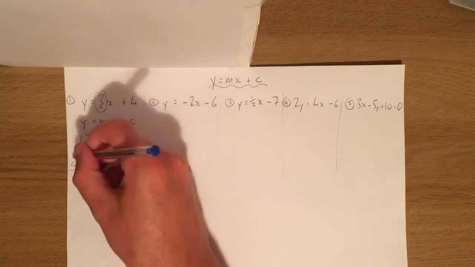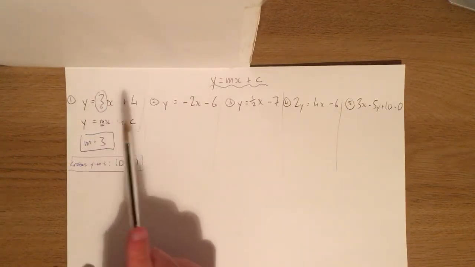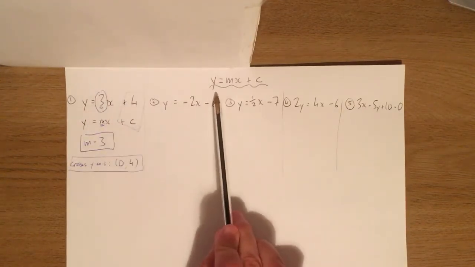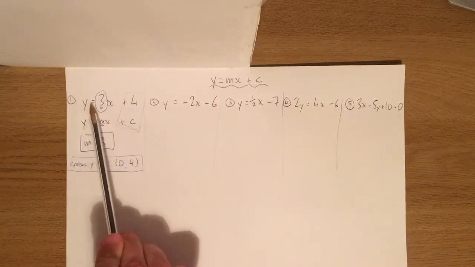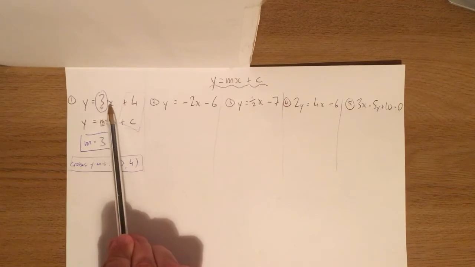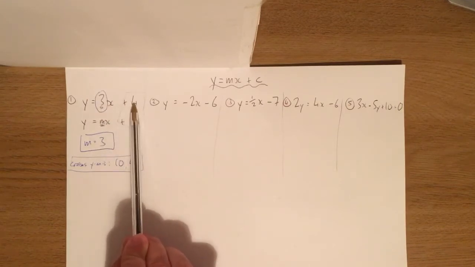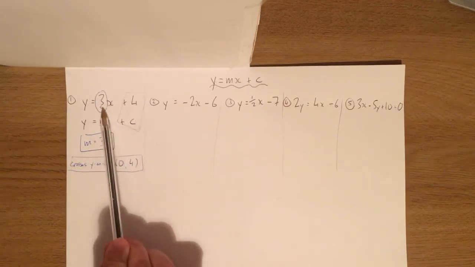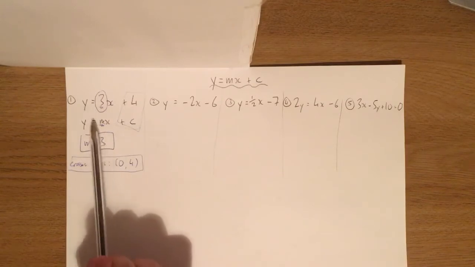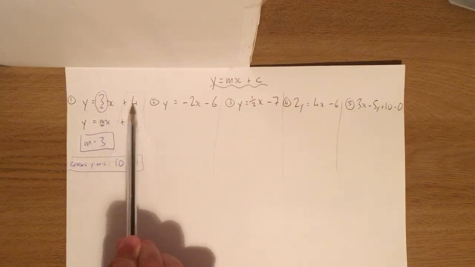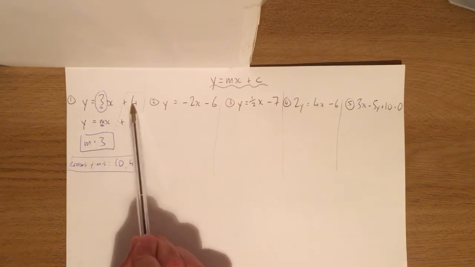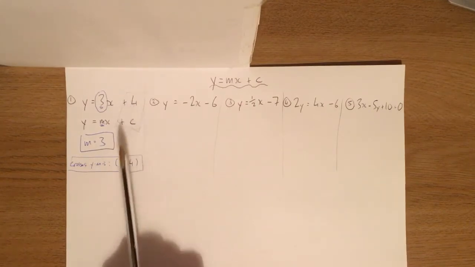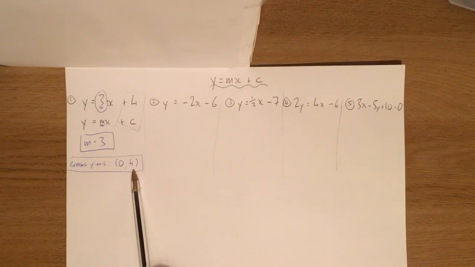Okay, so as long as you have the equation of the line in this form, y equals mx plus c, so y equals some number x plus some number, whatever is in front of the x is your slope, so the slope of this line must be 3, and whatever number is on its own at the end, so just the plus 4 here, that's the y coordinate of where it crosses the y-axis.